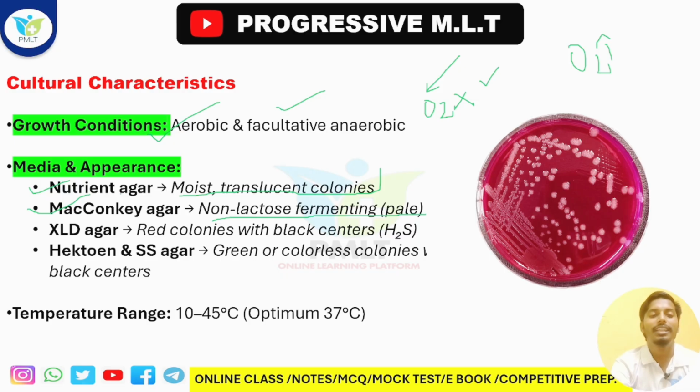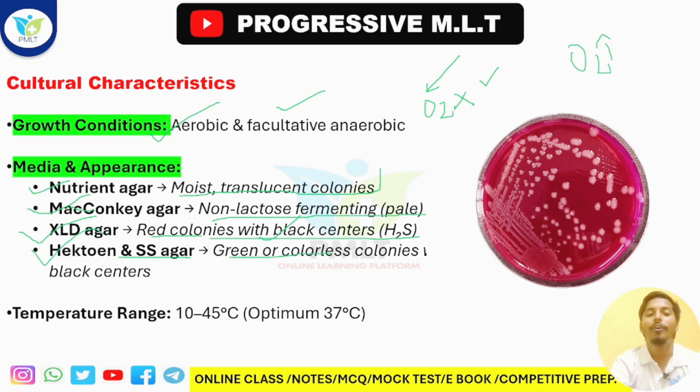Okay. After that, they can easily grow on XLD agar. On XLD agar, red colonies with a black center are found, and the black center formation happens due to H2S production. Okay. Another agar is also present, that is Hektoen, and there is also SS agar.